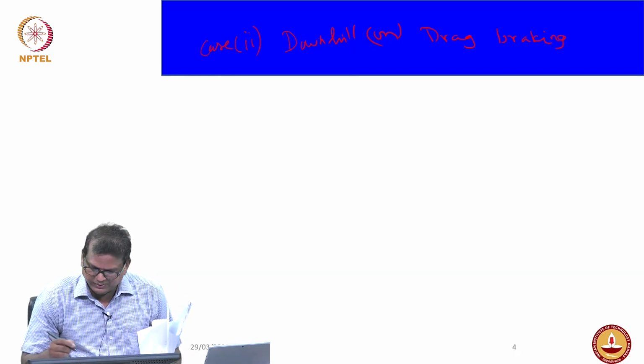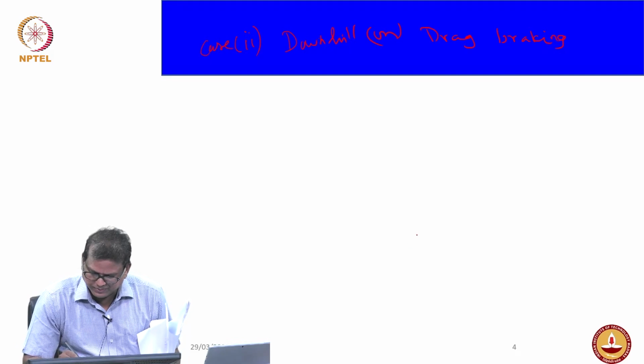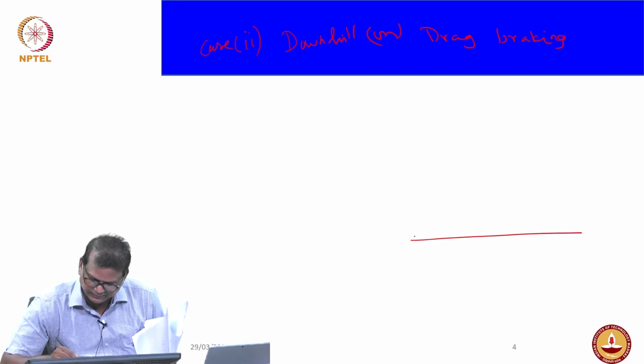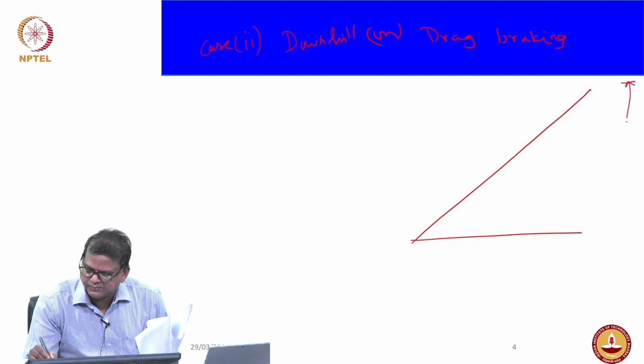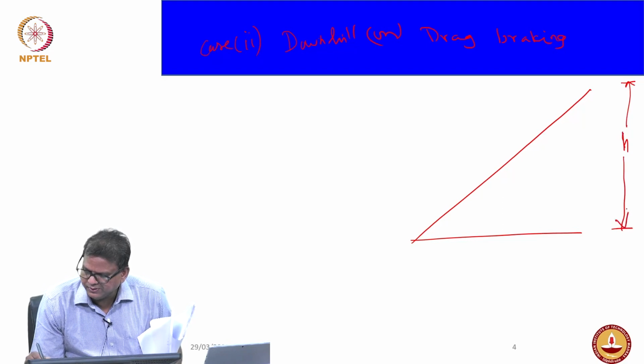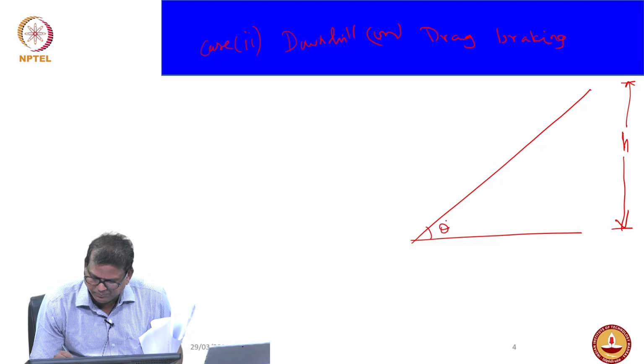Assume that the vehicle moves on a slope. The height, you take it as h, and theta is the slope.